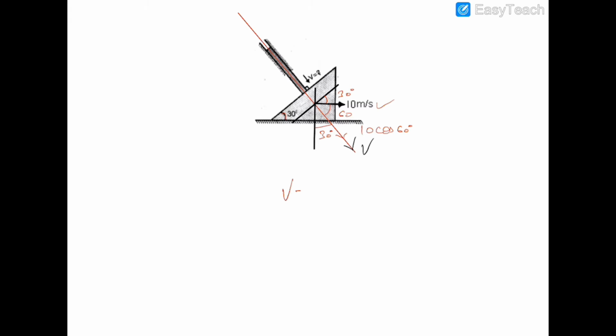So V will be equal to 10 cos 60 degrees, and cos 60 is half, so V will be 10 by 2, which is 5 meters per second. Okay, so this is the correct answer.